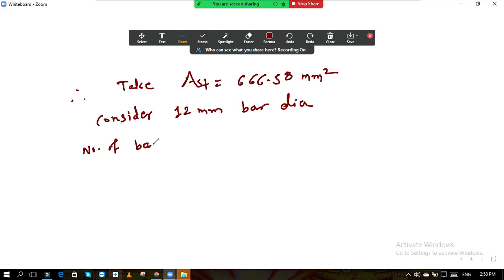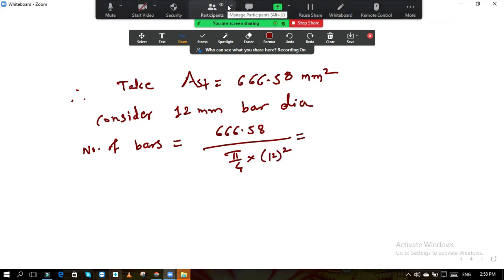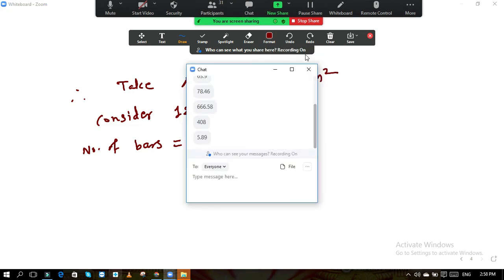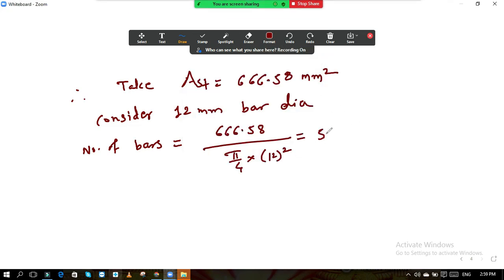Okay. The number of bars, calculate now. Number of bars is equal to 666.58 divided by pi by 4 into 12 square. How many number of bars? 5.89. So 5.89, which is nearly equal to 6 numbers. So AST provided, calculate now.